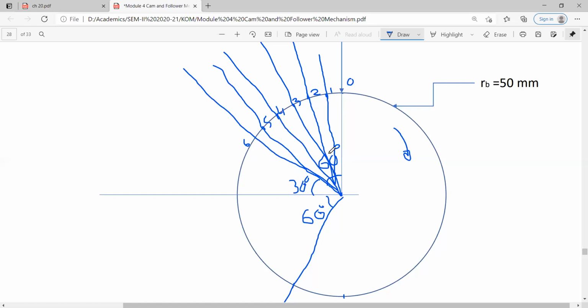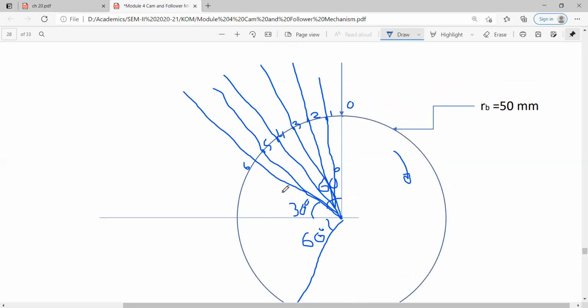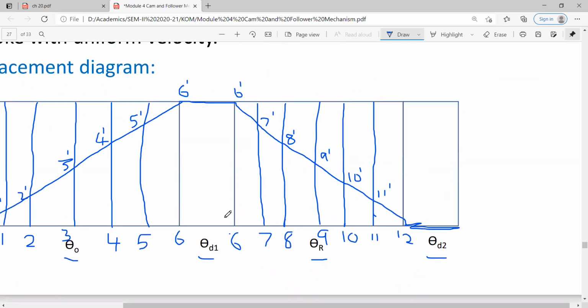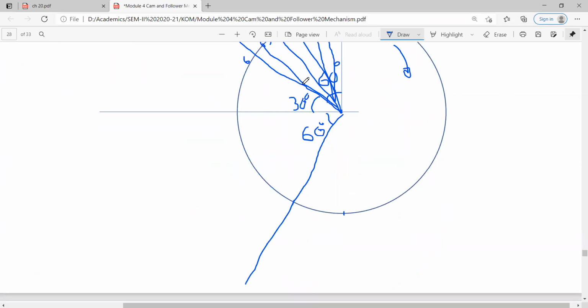After the angle of rise, there is the first dwell period of 30 degree. So you can see that the dwell period is not divided. So you do not have to divide it. The dwell period will remain as it is, 30 degree. You can carry these 6 points here.